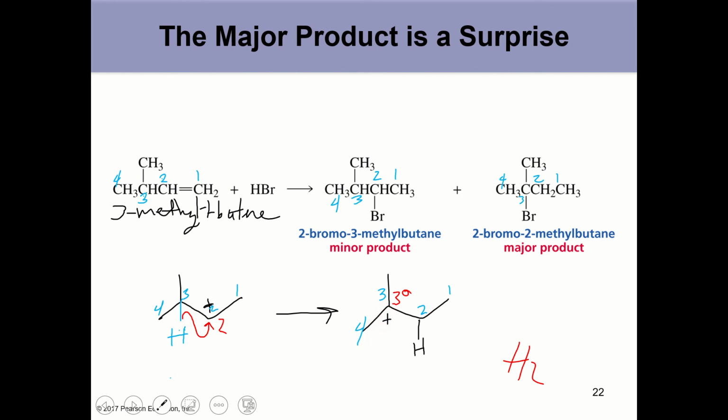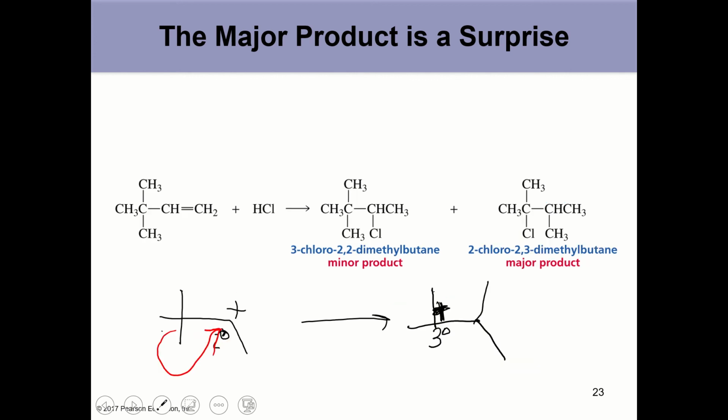If it is possible to form a more stable intermediate carbocation, then that will occur. And you will always know if it's possible because you will have within 1 carbon distance a carbon that is more substituted than the original position of the positive charge.